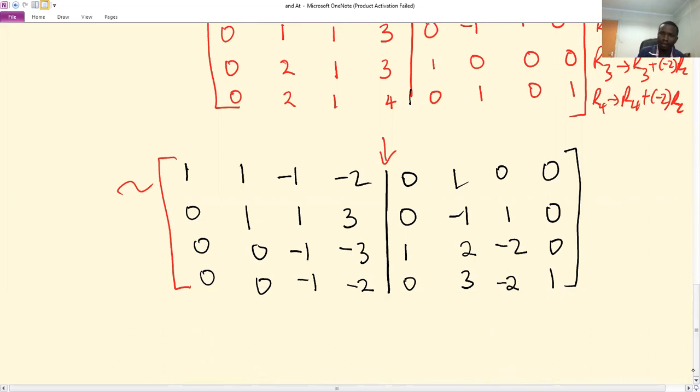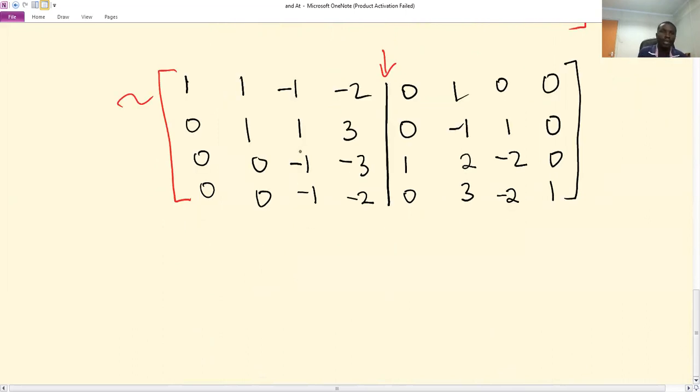So we expect this position to be 1. So we can multiply: row 1 remains row 1, row 2 remains row 2, row 3 becomes minus 1 times row 3, and row 4 remains row 4.